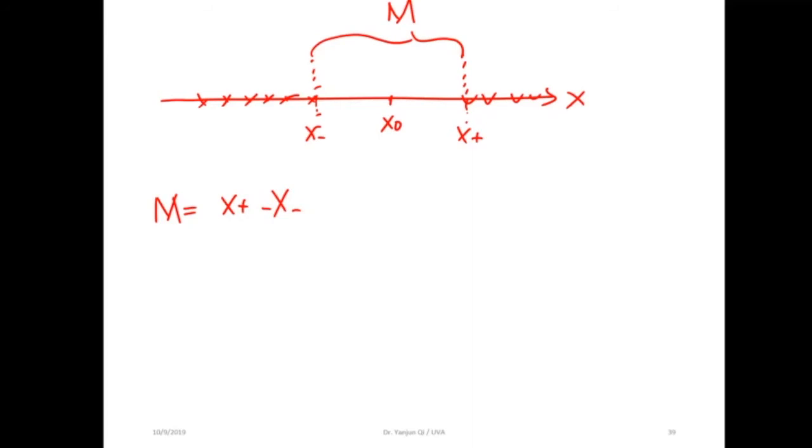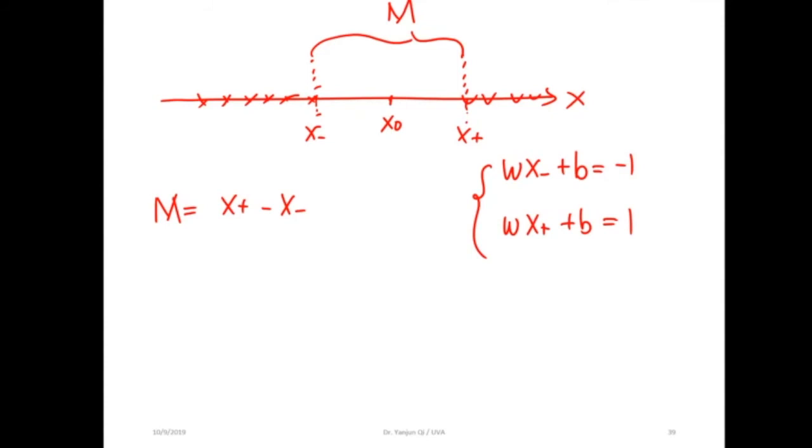Okay? But I don't know what X plus and X minus are, right? But I know three equations. I know Wx minus plus b equals -1. Wx plus plus b equals +1. Okay, now what should I do to get the simplest equation, cancellation, right?